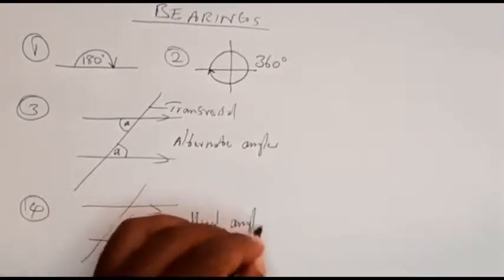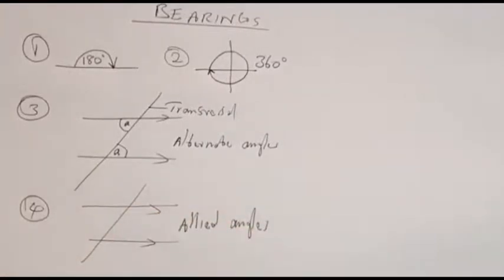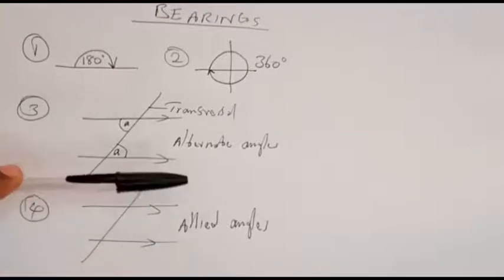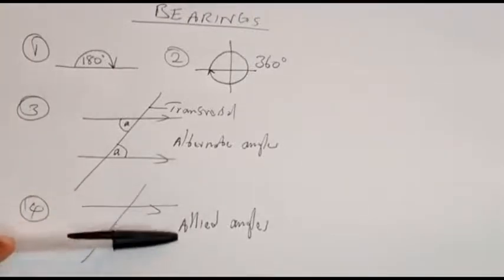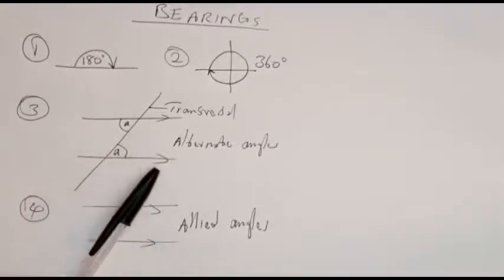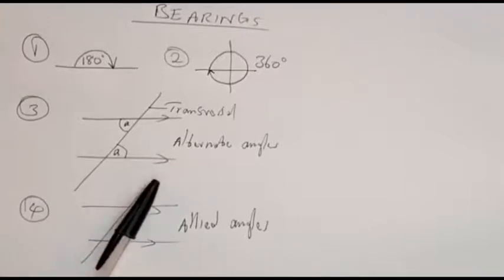These angles are found between the two parallel lines and on the same side of the transversal. It can be either this side or that side.